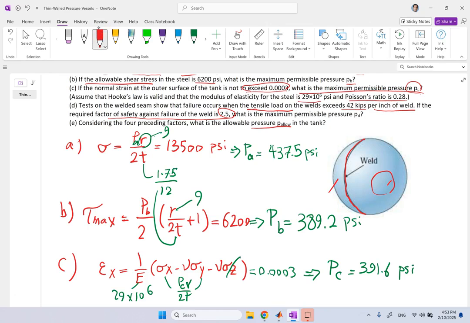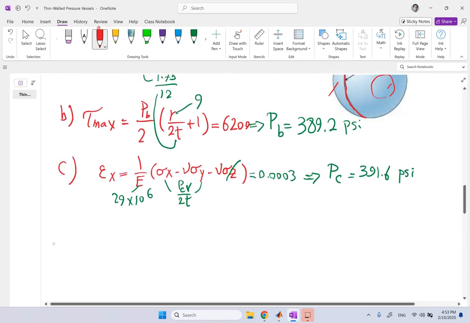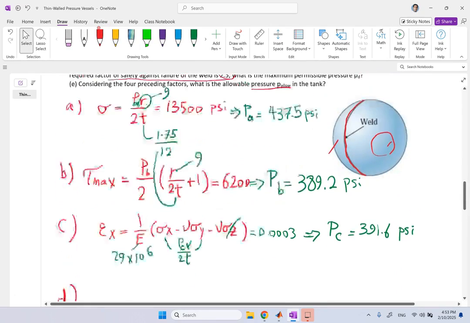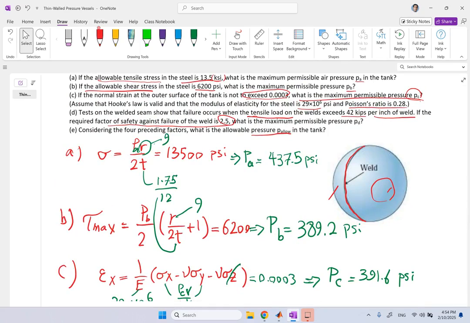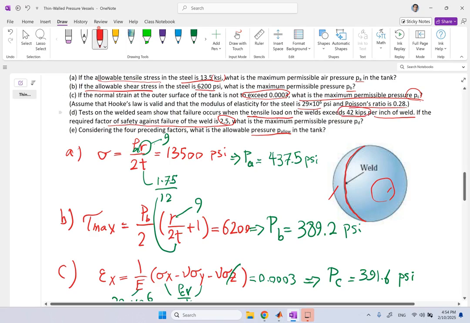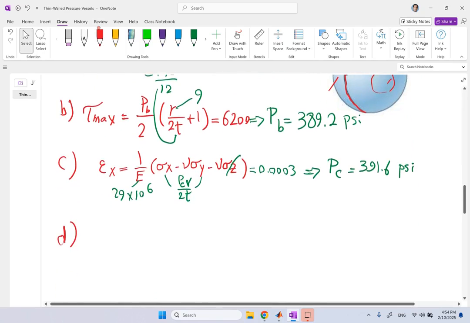Now part D, on the weld, you want the maximum basically normal stress to be how much? So this is 42,000, but there is a safety factor of 2.5.